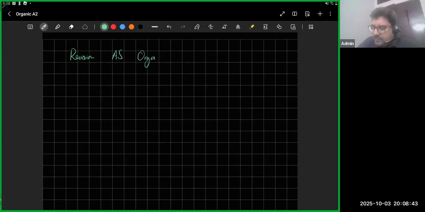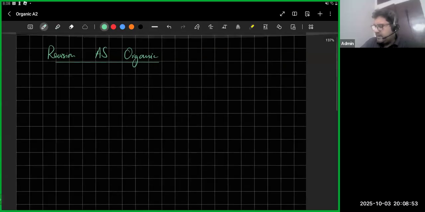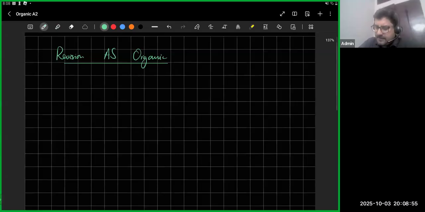So I'm going to do a very quick recap of AS organic up till alkenes, and then we'll switch over to our A levels. First, we'll start off with the formulas.